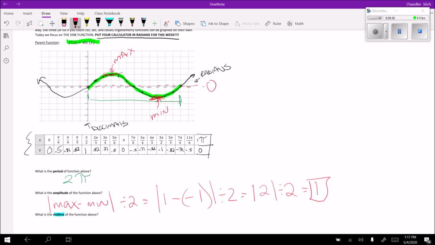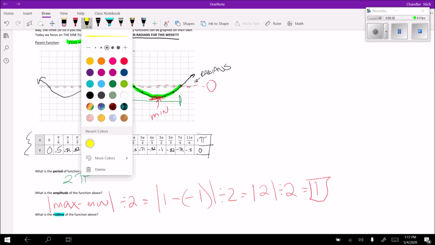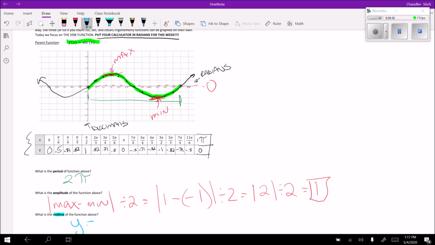Okay, so my midline here would be at y equals 0, because that's in the middle of the maximum and the minimum. In other words, it's 1 unit above the min, and 1 unit below the max. That would be where my midline is.